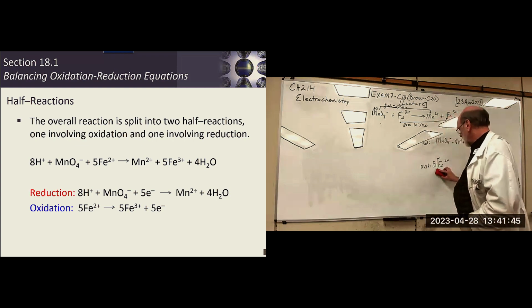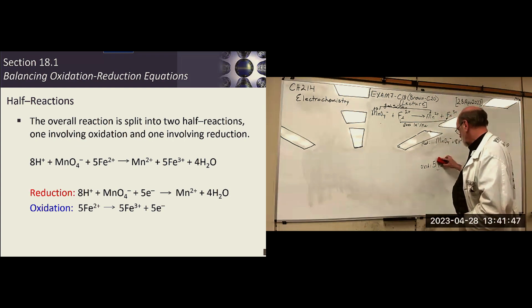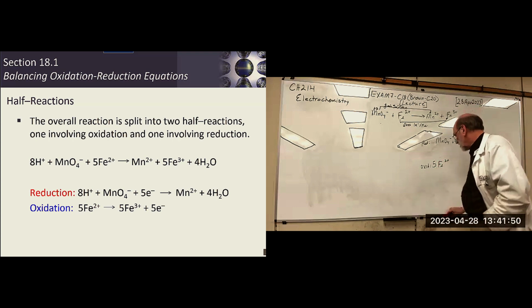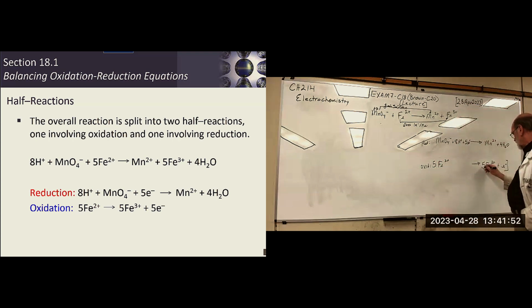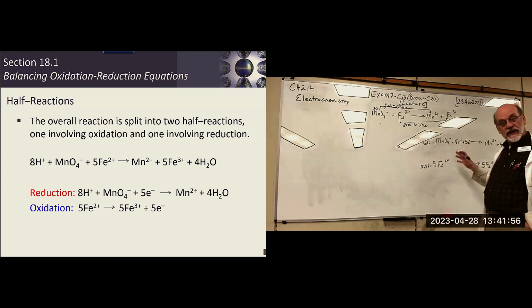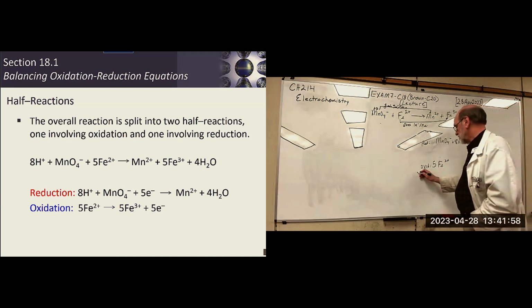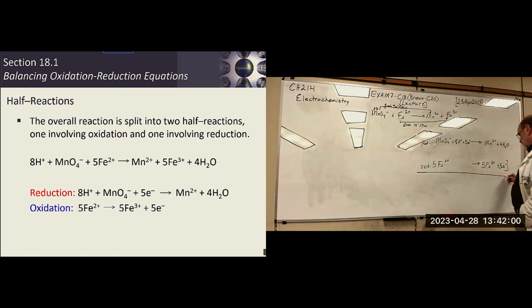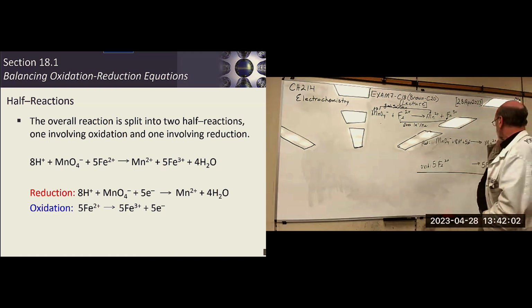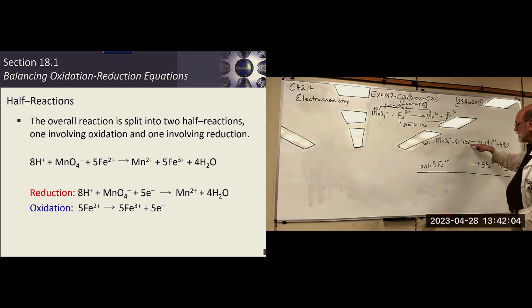All right, so that makes 5 there, 5 there, 5 there. Now we can add them back together, kind of like Hess's law. These 5 electrons are going to cancel, 5 on that side, 5 on this side.